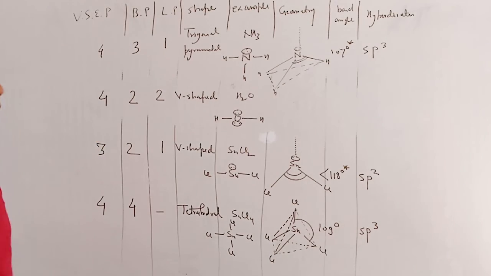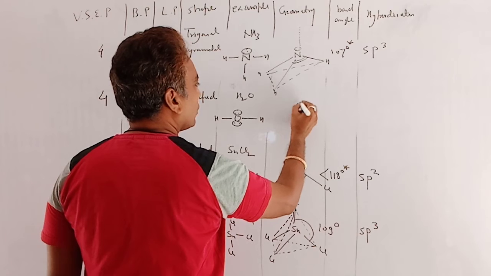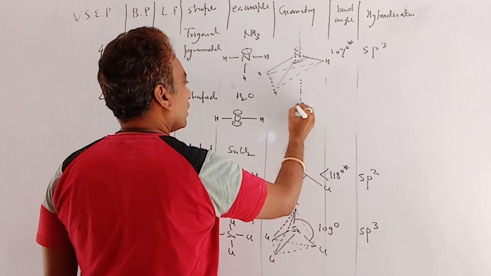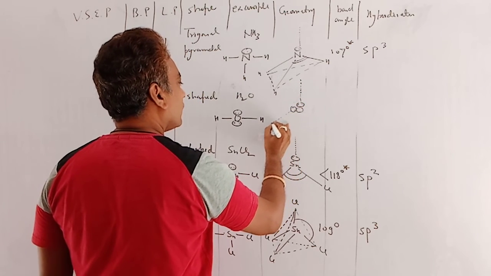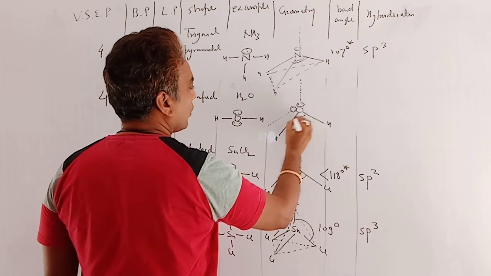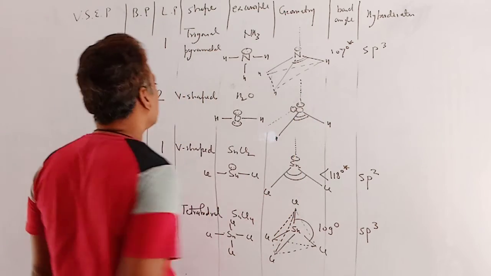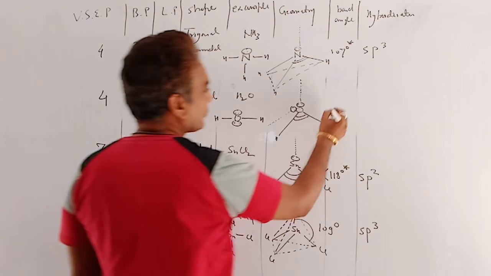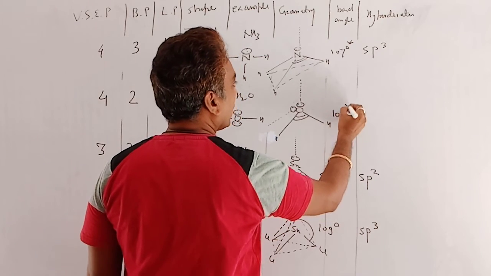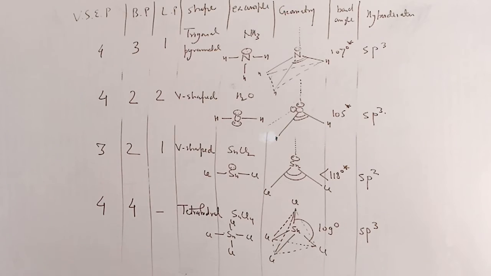Clear? So here O is placed and 2 lone pairs are at the 2 corners of tetrahedral sites. The left 2 bond pairs are also at the 2 corners of tetrahedral sites, so molecule becomes V-shaped. Here the bond angle is 105 degree approx, hybridization will be sp3.